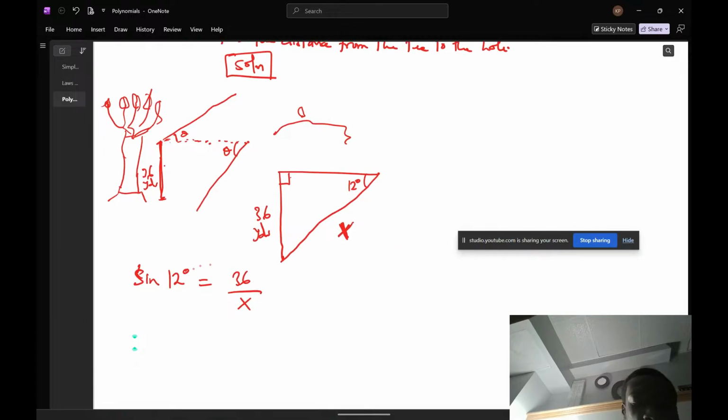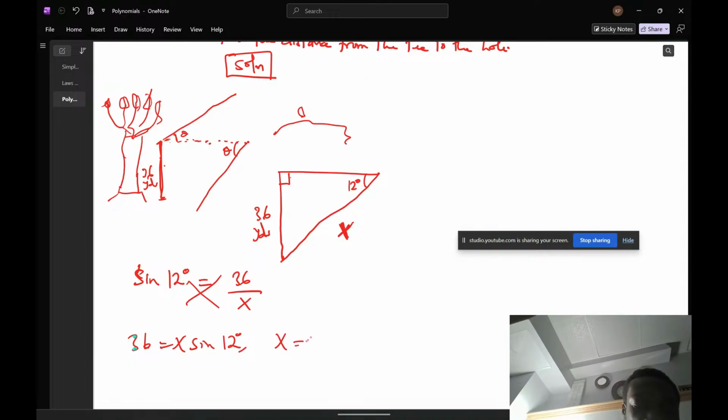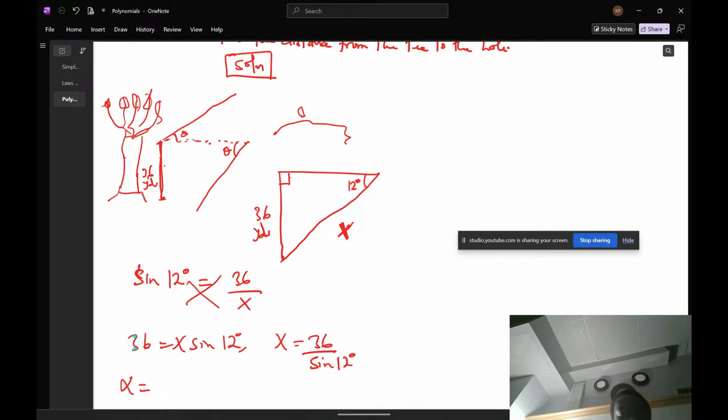Okay. So when we cross multiply, 36 is equal to X sine 12. So X is equal to 36 divided by sine 12 degrees.